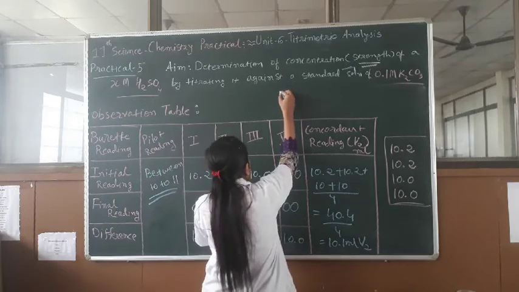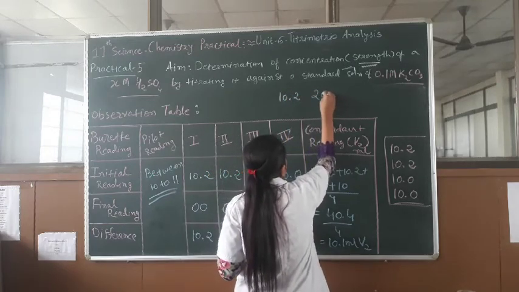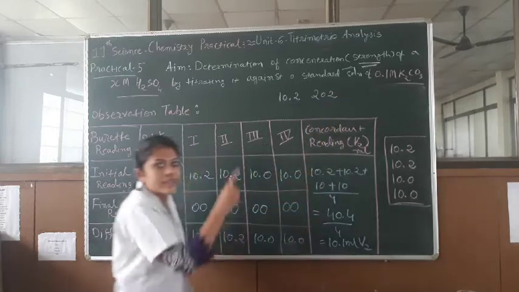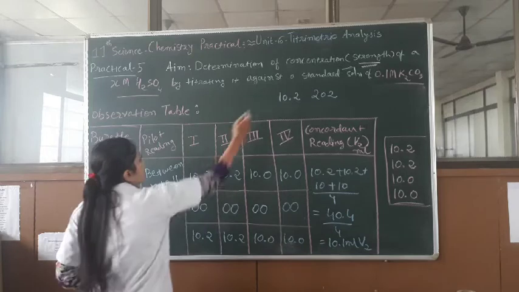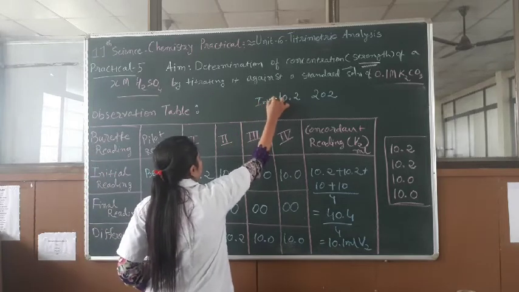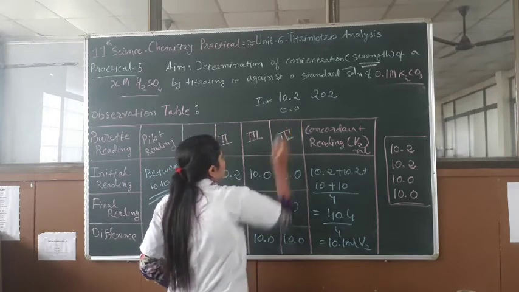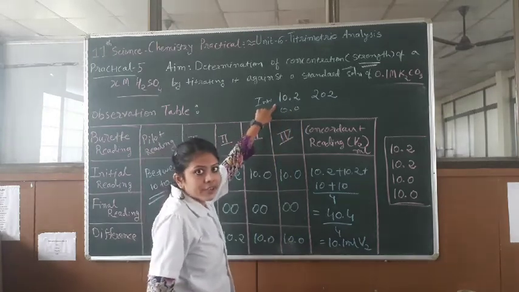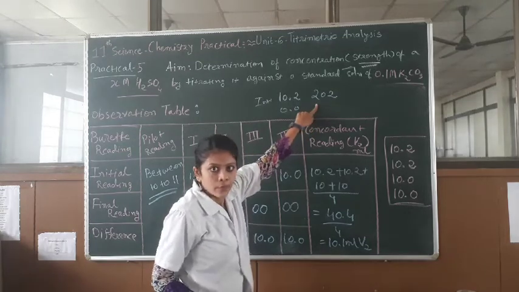Let's see here. Our first reading is 10.2, the second reading will be 10.2. Then this is the initial reading, and what is the final reading? We can write 0, 0 because for the first reading we set 0, but for the second reading we have continued from the first reading.